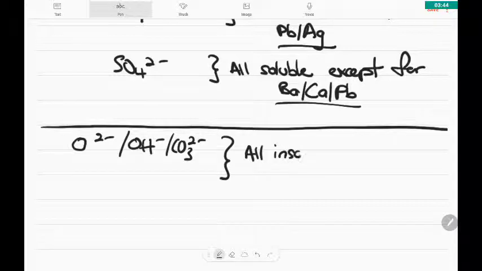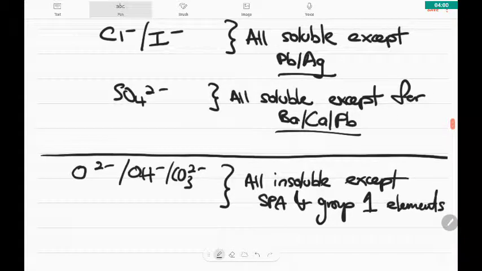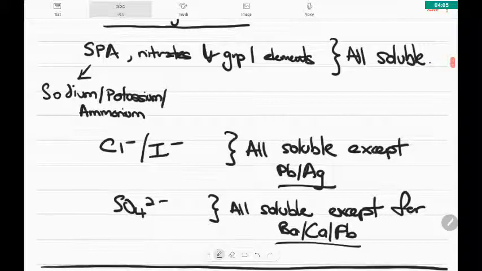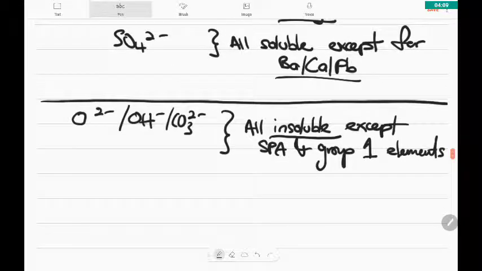They are all insoluble, except your SPA and group 1. So basically, they are all insoluble. But we know that your SPA, nitrates, and group 1s are always soluble. So that's why you get that they're all insoluble except your SPA and group 1.